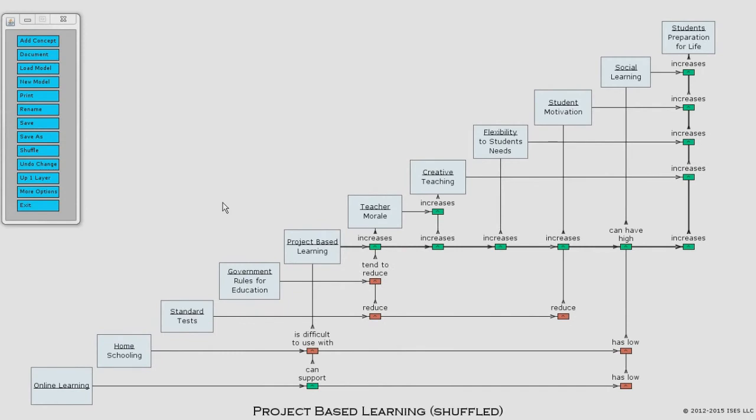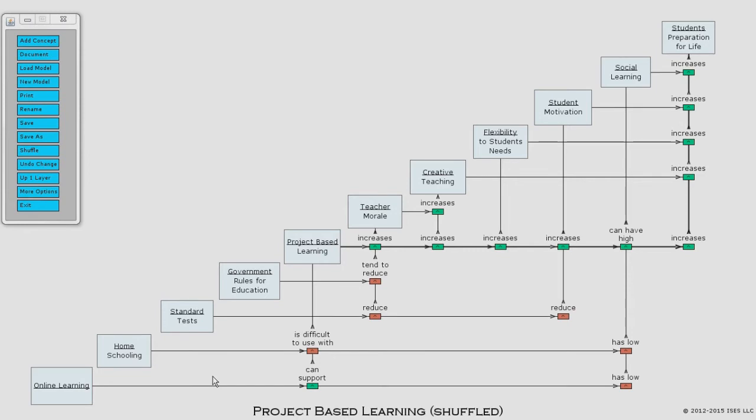When the shuffle is completed, you have a new diagram that is easier to understand. Notice how the diagram flows. With a new diagram organization, you quite often get new insights and new ideas. You can shuffle as many times as you want to get additional diagrams to choose from.